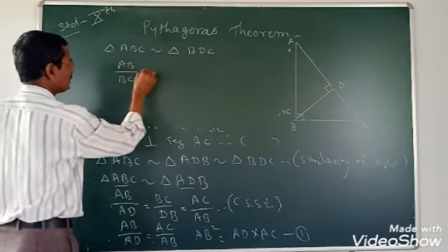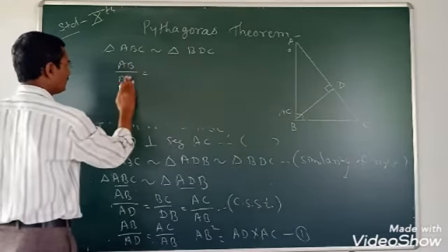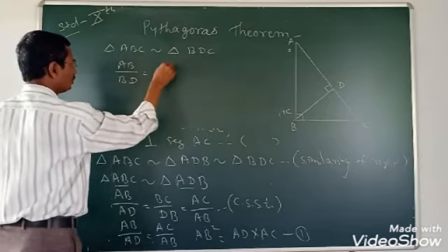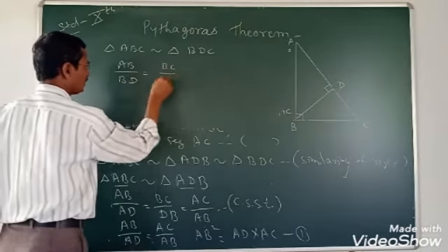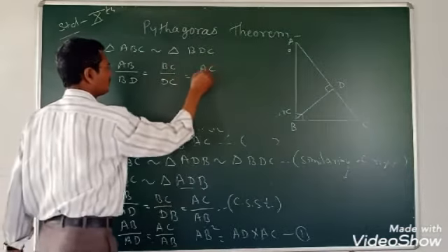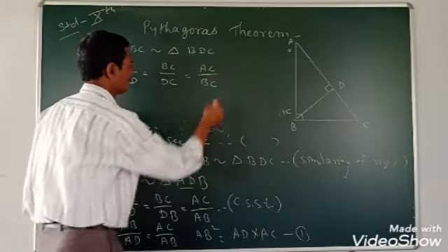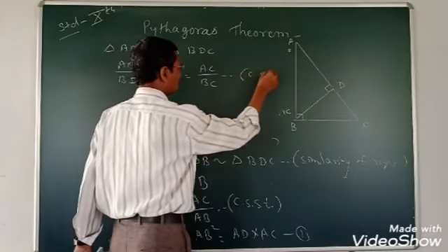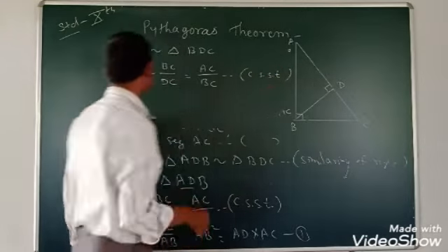AB upon BD is equal to BC upon DC, which is equal to AC upon BC. Here also corresponding sides of similar triangles.